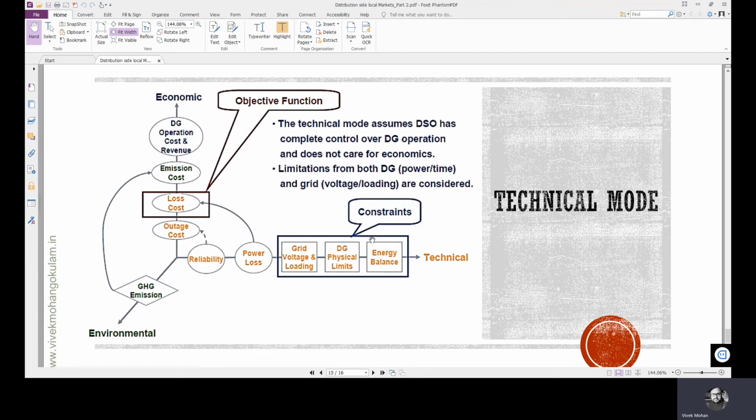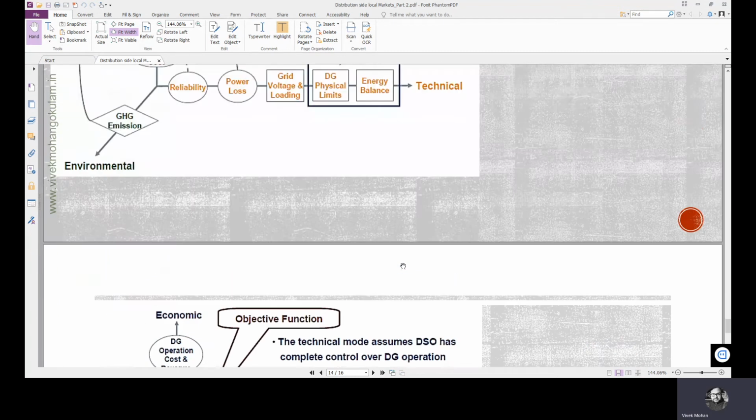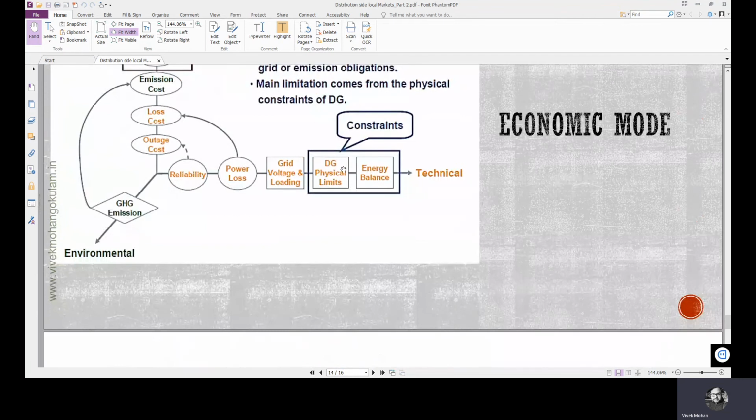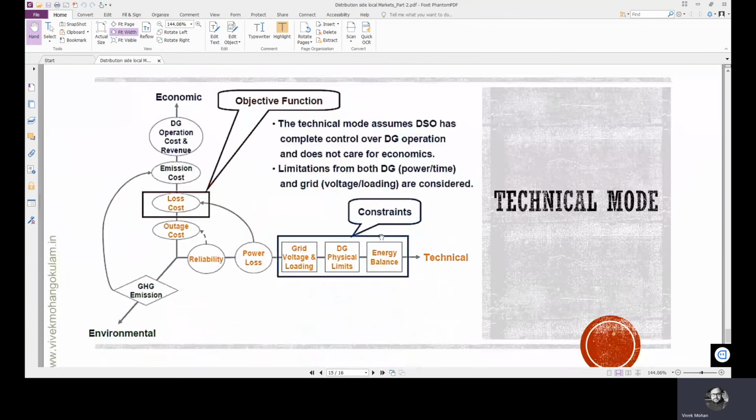And constraints are grid voltage and loading, DG physical limits, energy balance. So now constraints are increased. These two constraints were there, DG physical limits and energy balance. Here grid voltage and loading is there, but it's not a constraint. Here it's a constraint. So you can even impose strict constraints, more stringent constraints.